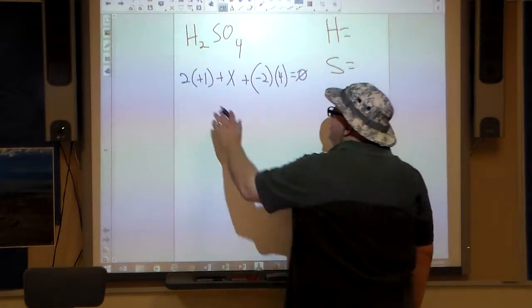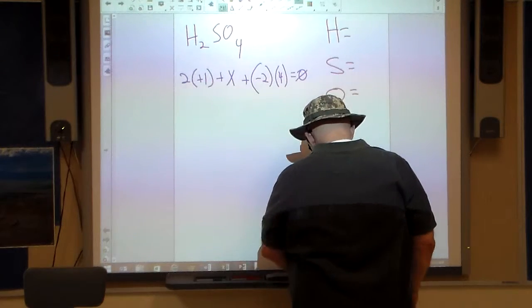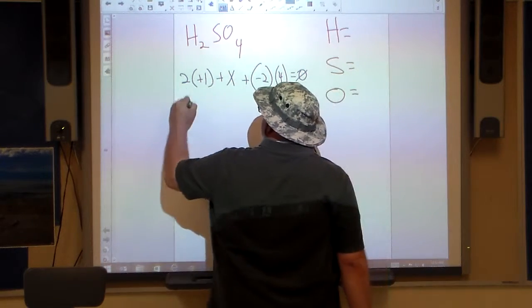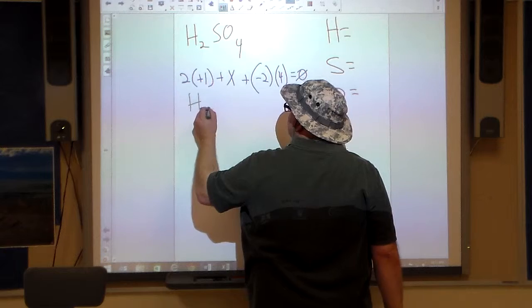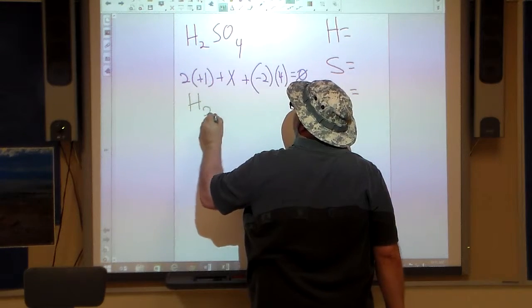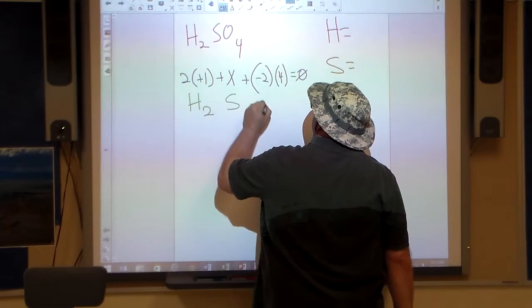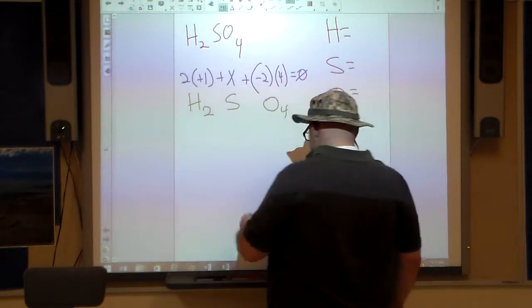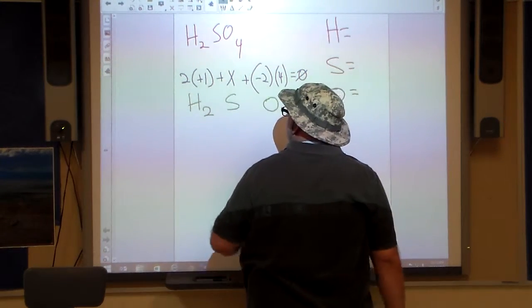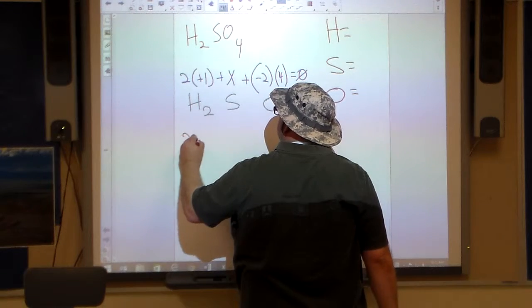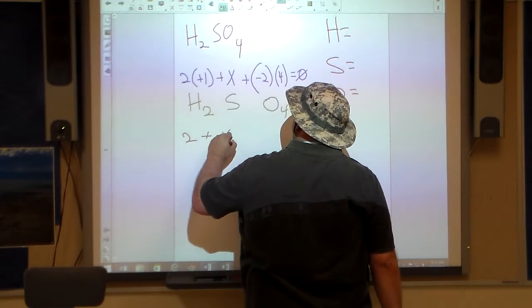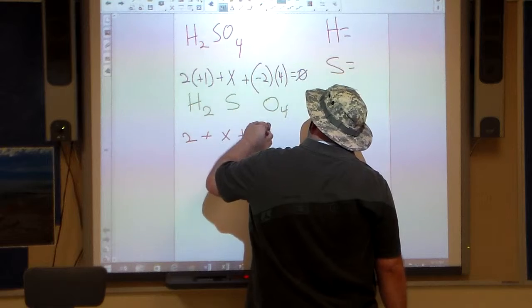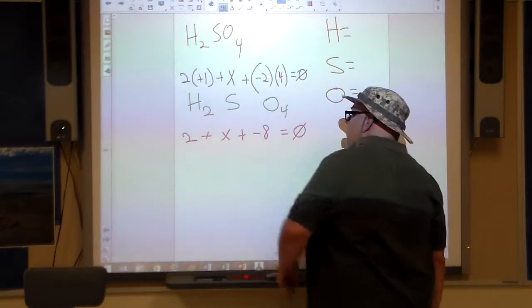So I'm just taking these and putting them in order. This is our 2 hydrogens, this is our H2, this is our S, and here's our O4. Okay, so I've got 2 plus x plus -8 equals 0.